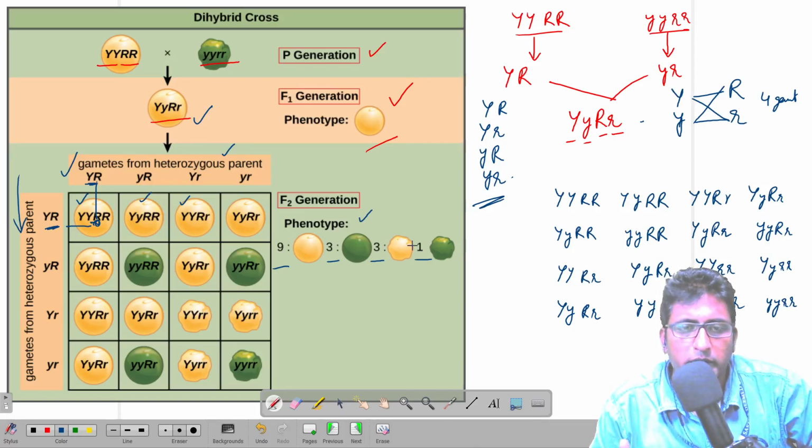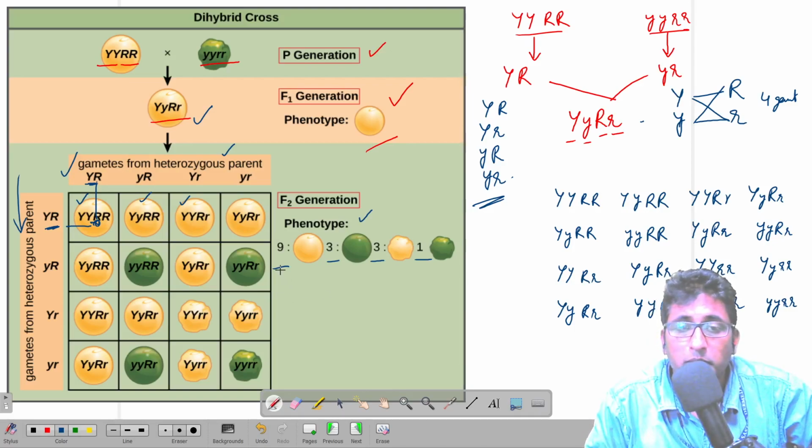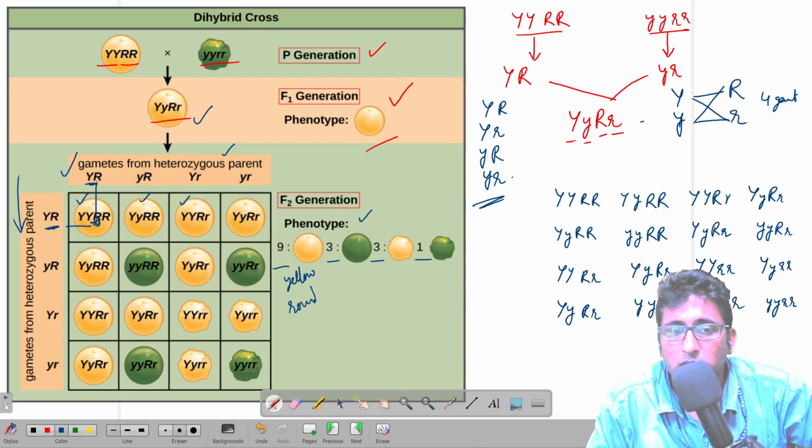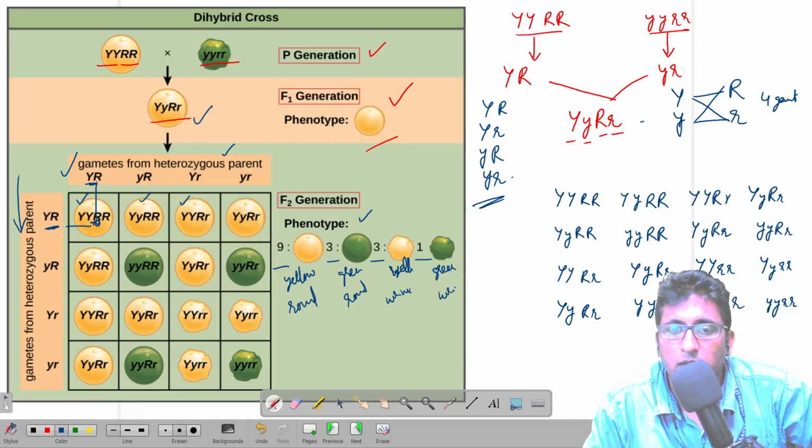Memorizing the ratio by itself is not so useful unless we make it very explicit that yellow and round is to green and round is to yellow wrinkled and green wrinkled.